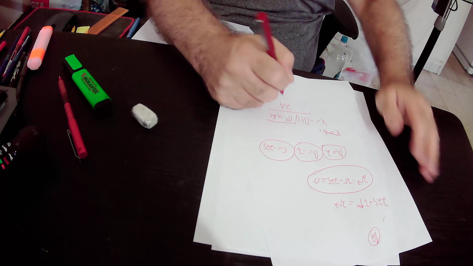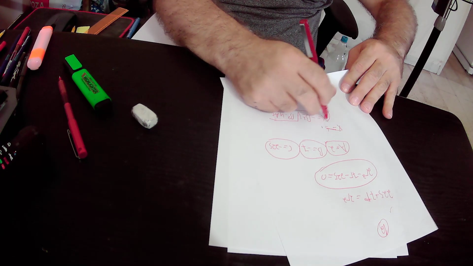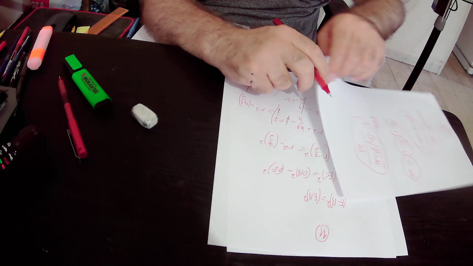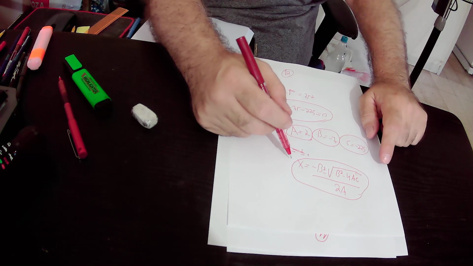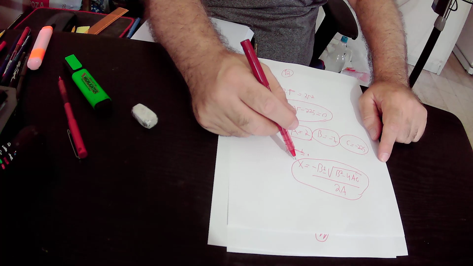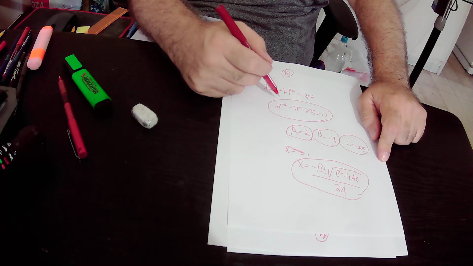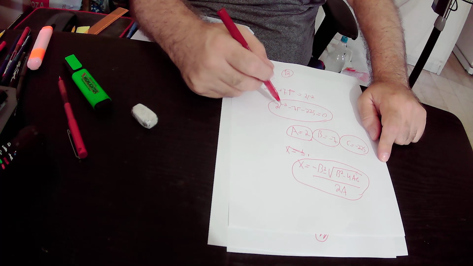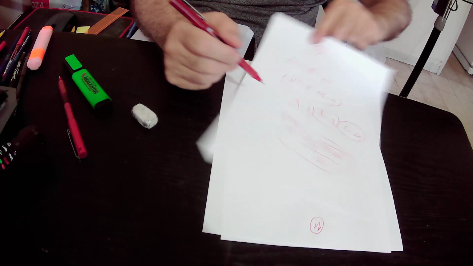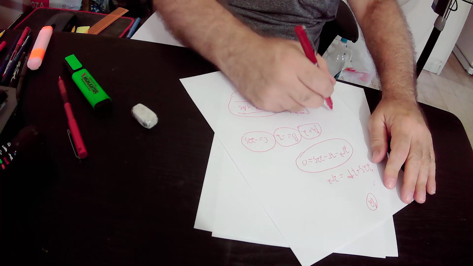Okay, so this is the general solution for any quadratic equation when the variable is x. Here our variable is r. So x equals r. Okay? So x equals r.